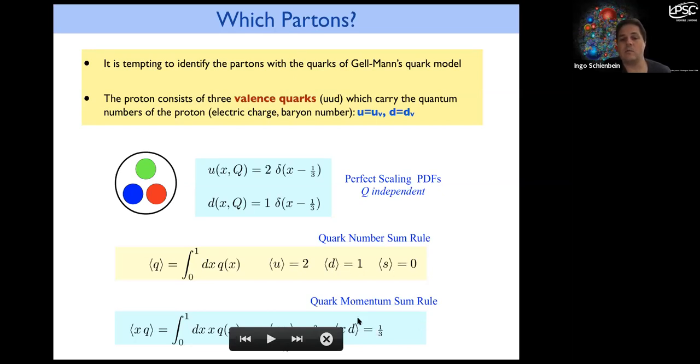And we can look at the quark momentum sum rule if we calculate the integral of x times q. Then we find the momentum fraction carried by the quark. So the up quark will carry 2/3 of the momentum, and the down quark will carry 1/3.